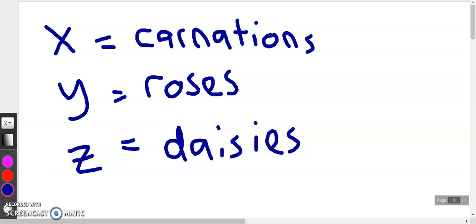So from here, I'm going to go back to the paragraph and look for any other important information that they've given me. What I should be looking for are things that tell me total values and things that tell me how many more or less of one thing we have than another.